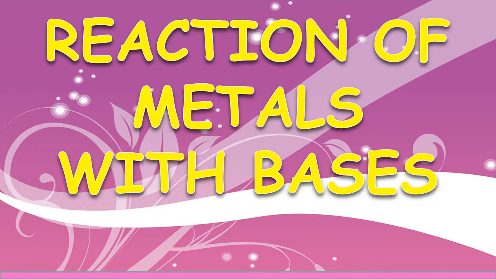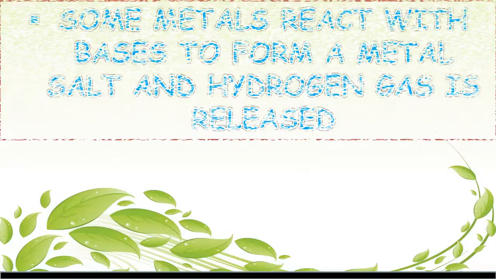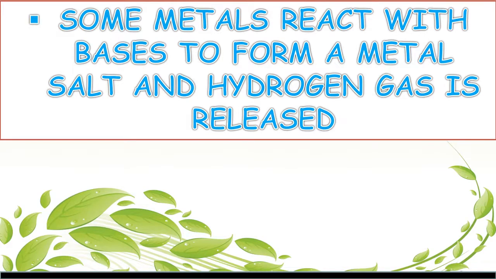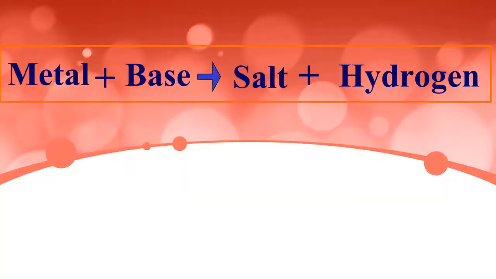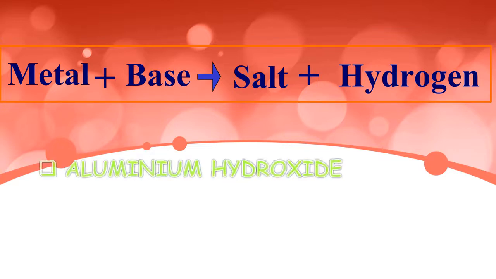It's time to see how metals react with bases. Some metals react with bases to form salt and hydrogen gas is released. Recall the names of some bases that we have studied in class 7th.